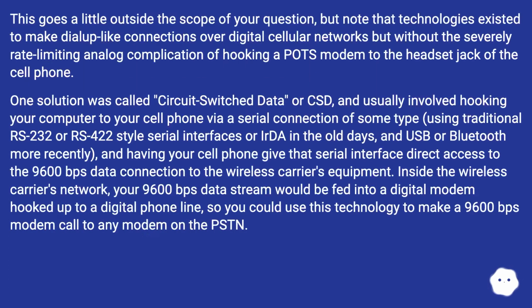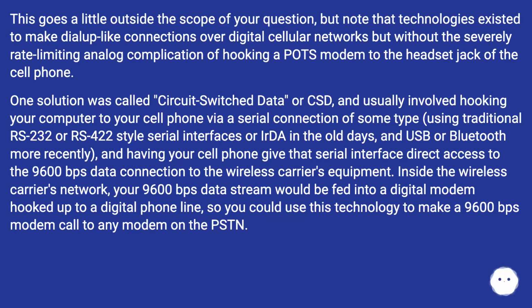This goes a little outside the scope of your question, but note that technologies existed to make dial-up-like connections over digital cellular networks, but without the severely rate-limiting analog complication of hooking a POTS modem to the headset jack of the cell phone. One solution was called circuit switched data, or CSD, and usually involved hooking your computer to your cell phone via a serial connection of some type, using traditional RS-232 or RS-422 style serial interfaces or IrDA in the old days, and USB or Bluetooth more recently, and having your cell phone give that serial interface direct access to the 9600 bps data connection to the wireless carrier's equipment.